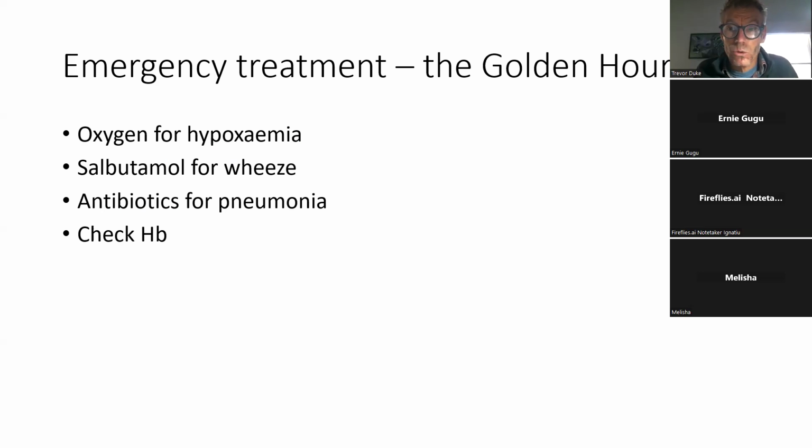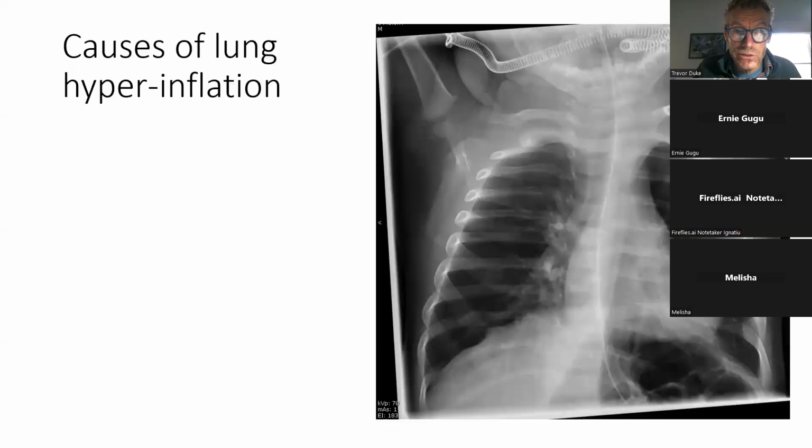Do try to get all of that done in the first hour, and then you have a good chance of stabilizing a patient. Sometimes you can do it much quicker than an hour, but there is a concept of a golden hour in critically ill children, in patients with trauma, and other seriously ill patients.